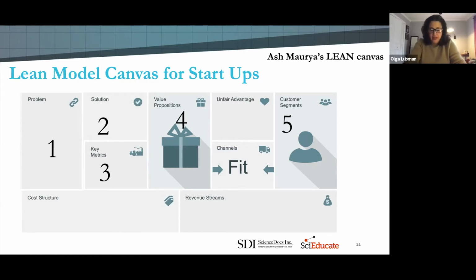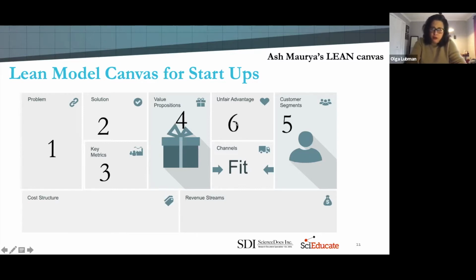It means that you need to propose a very unique value with the solution that you're making. And how is it unique? For that, you need to identify your markets. So you need to understand who your customer is. In the case of a research proposal, you will need to understand who your audience is and what value your solution brings to that market. That fit is critical for the success of any proposal or any business venture.